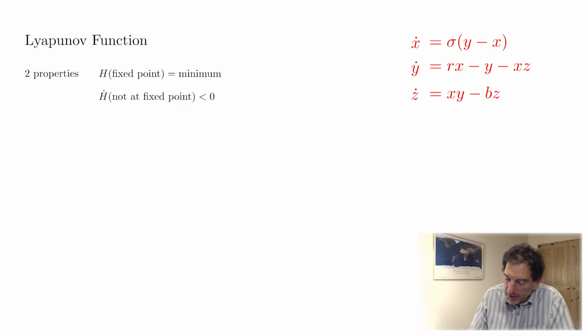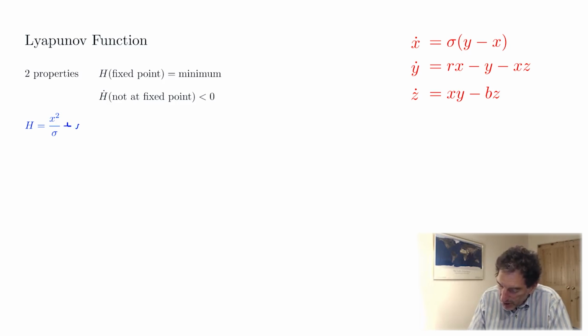It turns out that the appropriate Lyapunov function is quite simple, a quadratic function that looks like a potential energy: x squared over sigma plus y squared plus z squared. This certainly has the property that when x equals y equals z equals 0, it's a minimum of the function. And as we're going to show now, the time derivative of this function is always negative except at the fixed point.